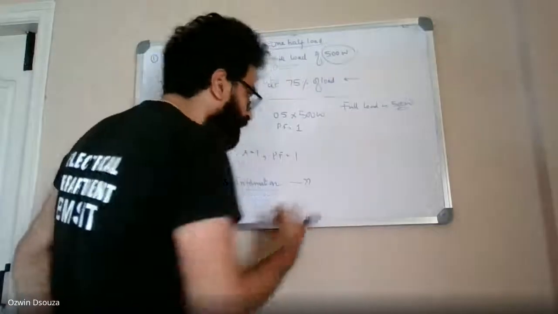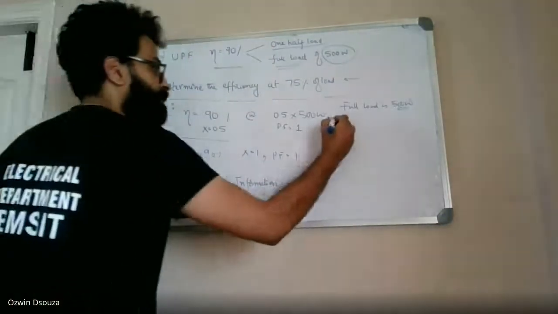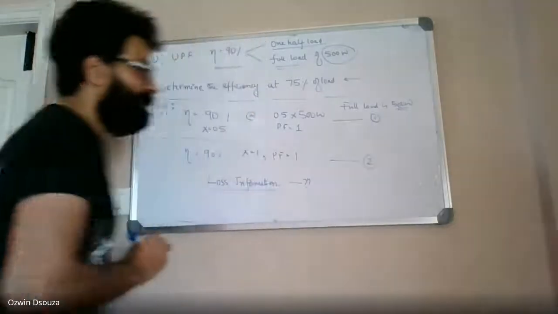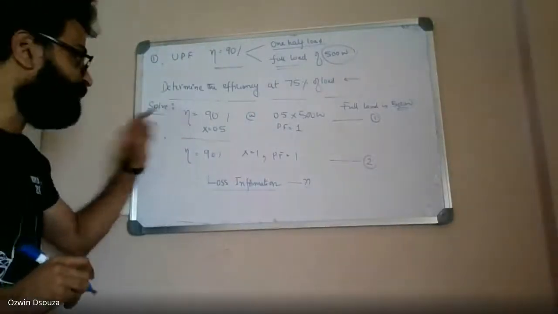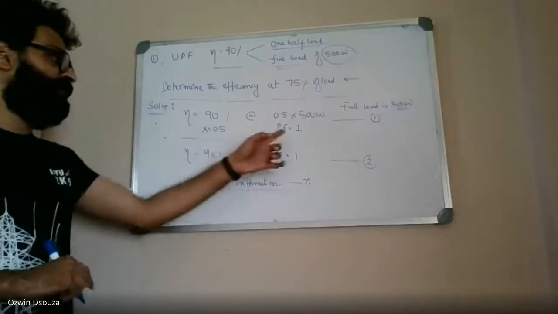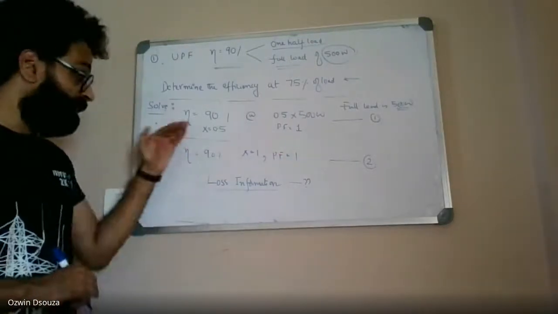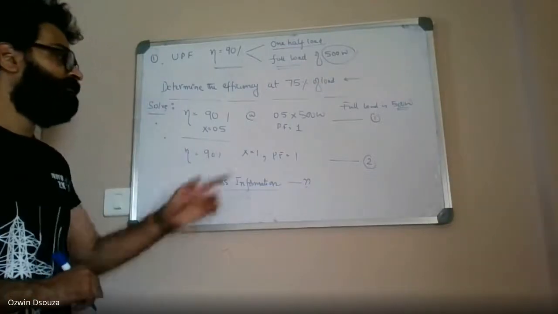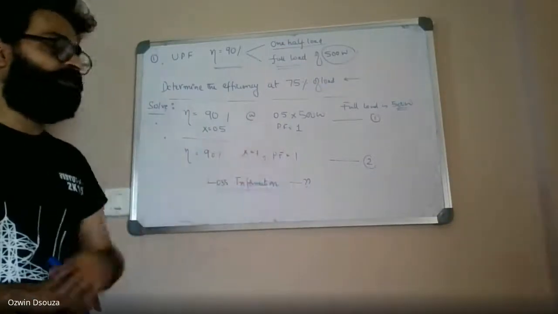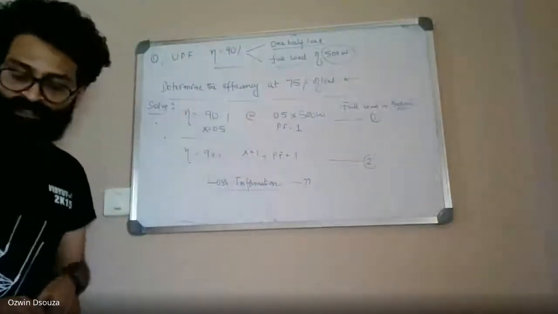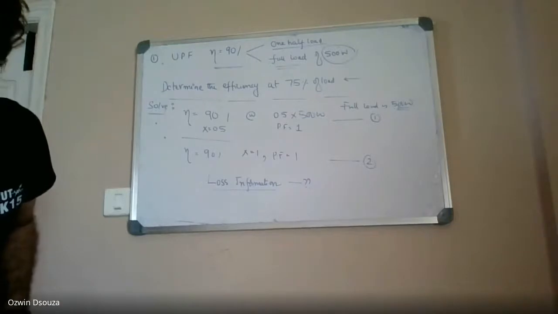You need to find it by considering these two cases. In the first case, you have 90% efficiency at X is equal to 0.5 and power factor is equal to 1. In the second case, you again get 90% efficiency, but for X is equal to 1 and power factor is equal to 1. So consider these two cases independently. All right, fine.